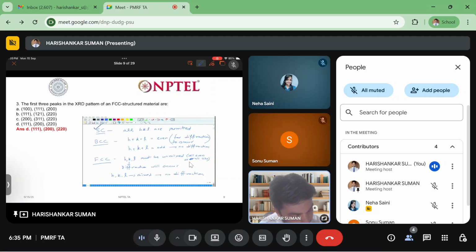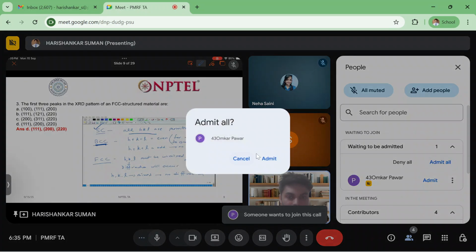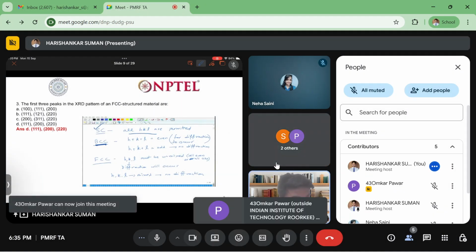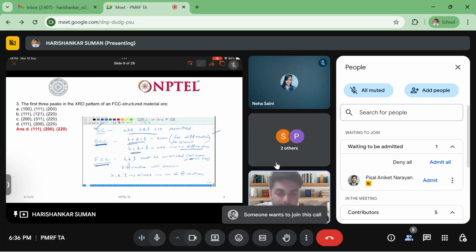For simple cubic, all HKL are present. For body centered, reflections are present when H plus K plus L is even, and there is no reflection otherwise. As we calculated, this gives you 0, or this gives you 2f, something non-zero. For FCC, we now have to comment on this.